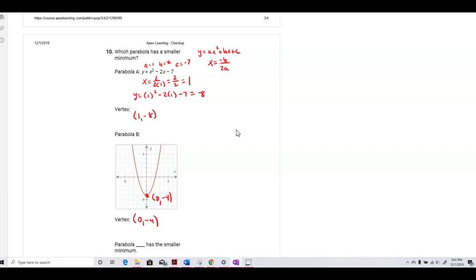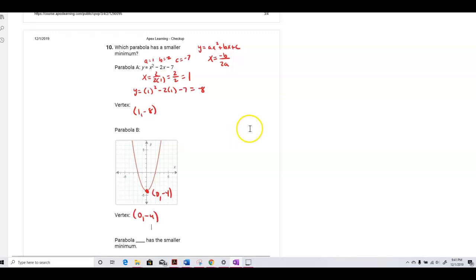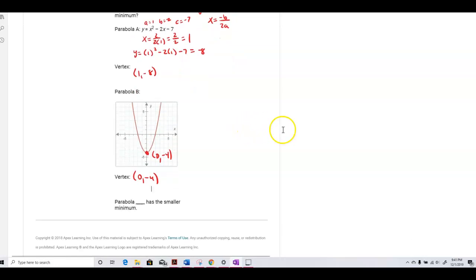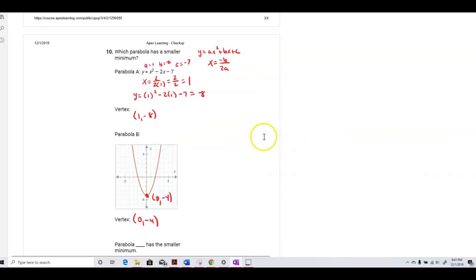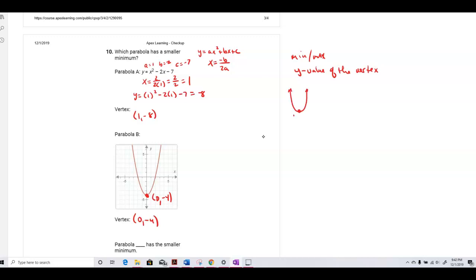So it says which parabola has a smaller minimum. Anytime we talk about the min or max, we're trying to compare the y value of the vertex. And when a parabola opens up, your vertex is the smallest point, which means it's a min.